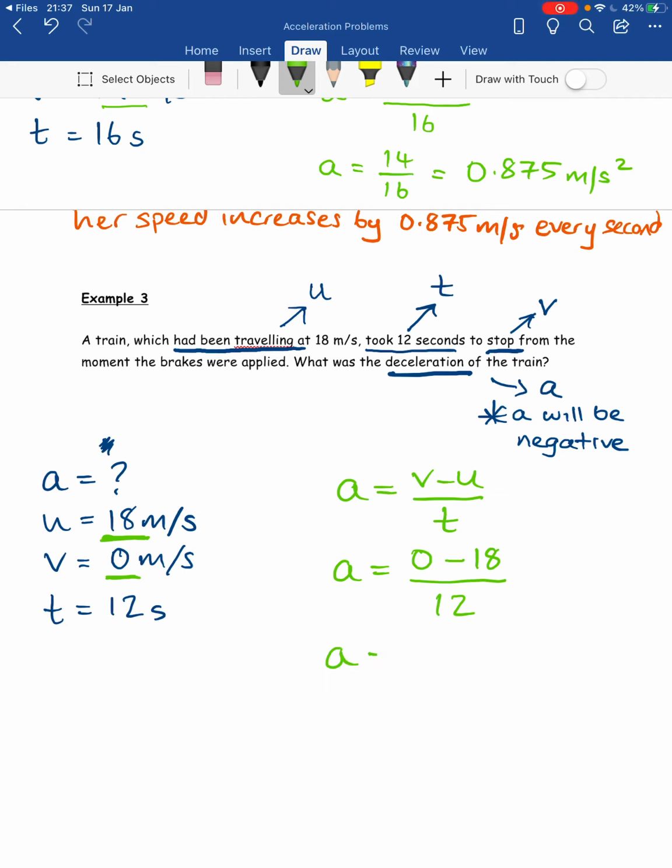Now you'll see this time that when I simplify it, 0 minus 18 gives me a negative number at the top. Negative 18 gets divided by 12. If I do negative 18 divided by 12, I should get a final answer, which is negative 1.5 meters per second squared.